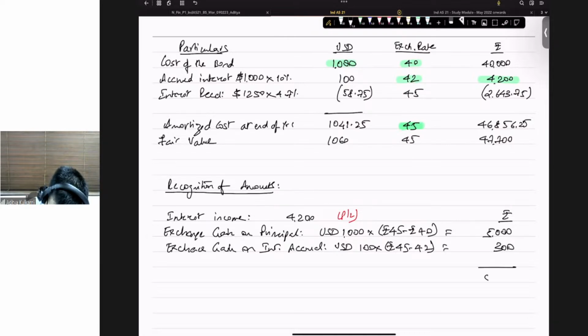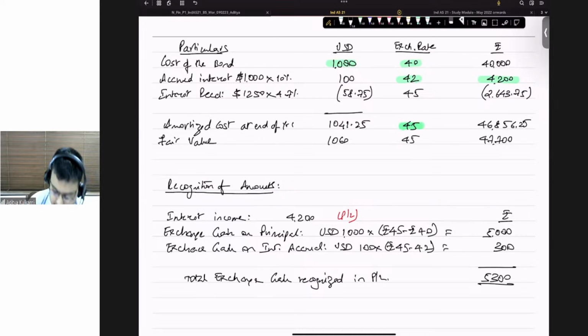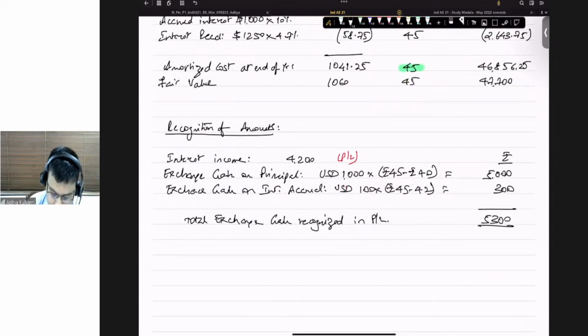So 5,300 is the total exchange gain recognized in P&L.